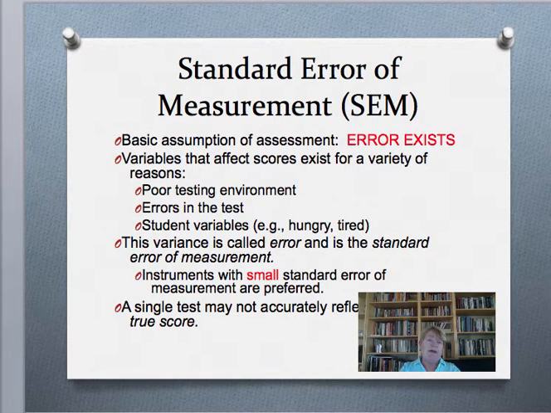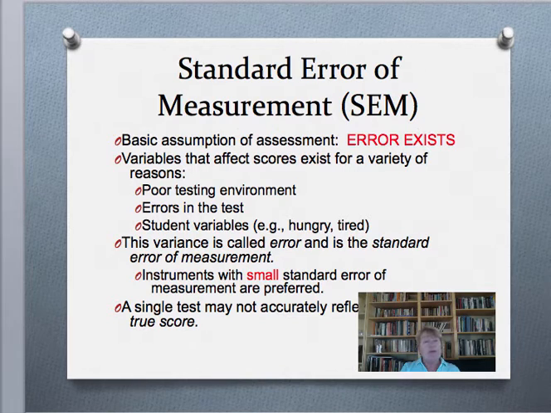But if I factor error in to the test, the standard error of measurement, I'm going to have to understand that that's only an estimated true score. It's not a true score per se. It's not an absolute score. I have to take error into account and understand that it affects my score both in a negative direction and in a positive direction, so that my true score is somewhere around that score of 100, but it's not necessarily that score of 100 by itself.